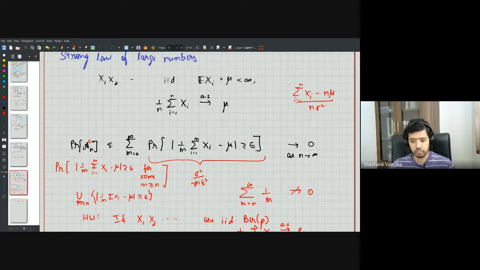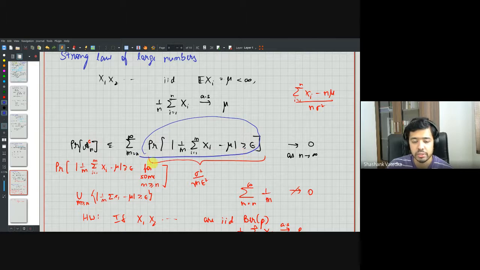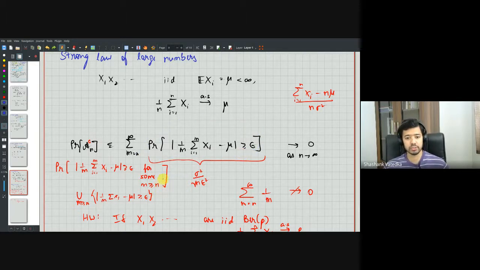So this is for almost sure convergence, not convergence in probability. So convergence in probability requires that just this particular probability converges to 0 as n tends to infinity. And almost sure convergence, of course, it is not necessary that this happens.